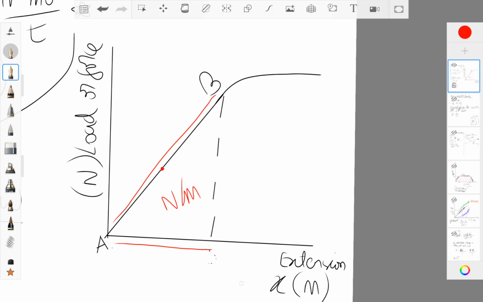At the proportionality limit, there's still a deformation and the object will still likely regain its shape. However, the force and the extension aren't directly related, which is why you see the curved bit over here. The elasticity limit is when there's permanent deformation and it doesn't regain its shape any further. But according to the syllabus, you don't need to know that.